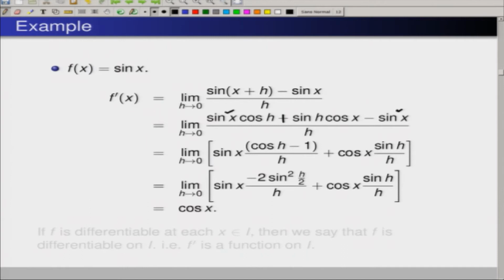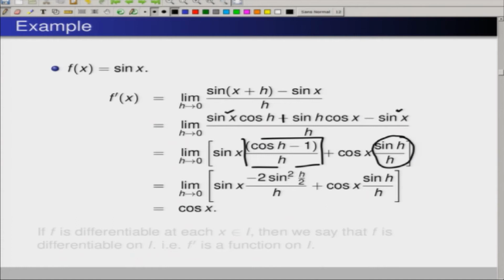As we have calculated, the limit of sin h by h as h goes to 0 is 1. Now, what we need to calculate is this other object. We know that cos h minus 1 is minus 2 sin square h by 2.